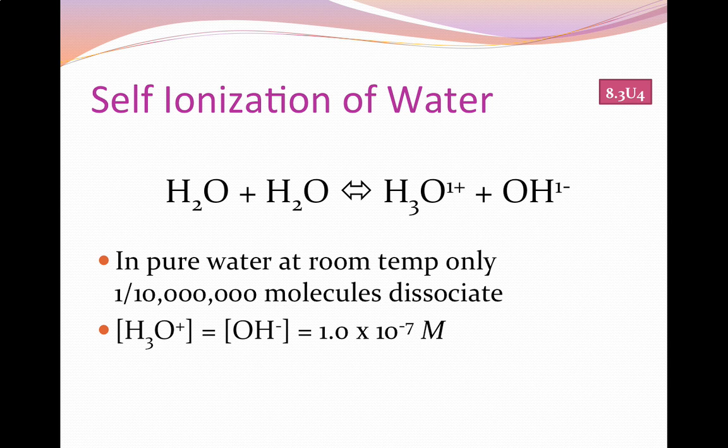And both of those are equal to 1 times 10 to the negative 7. That's because of the 1 in every 10 million. If you were to do 1 divided by 10 million, you'd get 1 times 10 to the negative 7. You're moving the decimal place of the 1 over 7 times to the left.